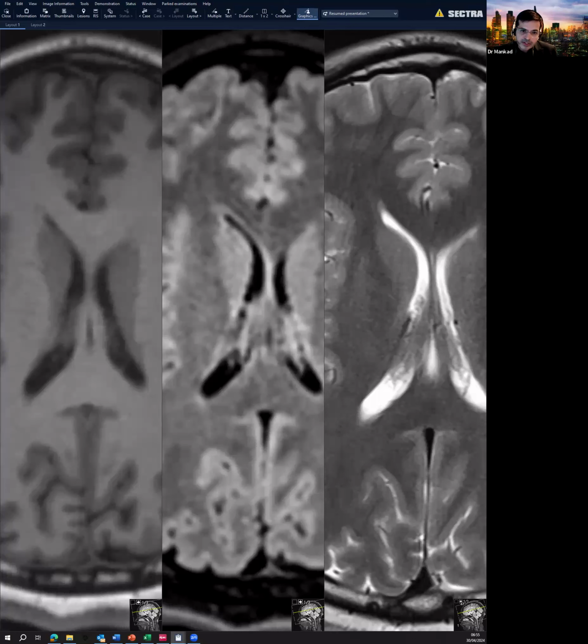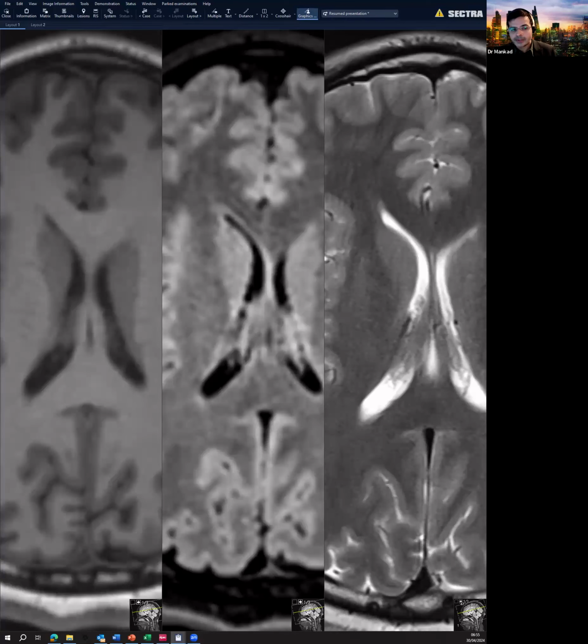Now we're going to change gear. Today I'm not going to tell you how these sequences are acquired. I'm just going to tell you how an MR image is acquired. Essentially, the scanner that one has is a strong magnetic field. It could be a 1.5 Tesla or a 3 Tesla scanner.